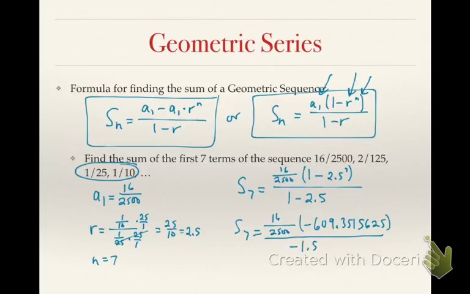So if I multiply that negative 609.35 and so forth by 16 divided by 2500, the number's looking a little nicer. I got negative 3.89985 divided by negative 1.5, which gives me 2.5999.